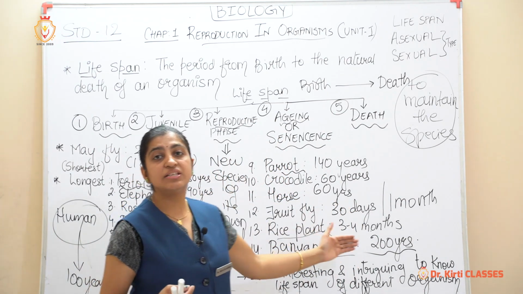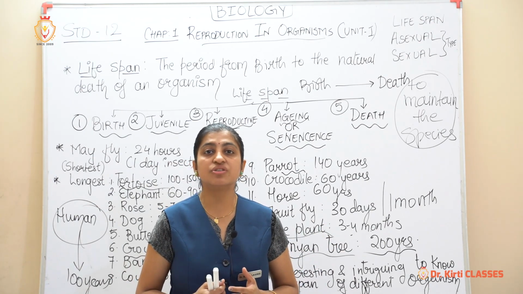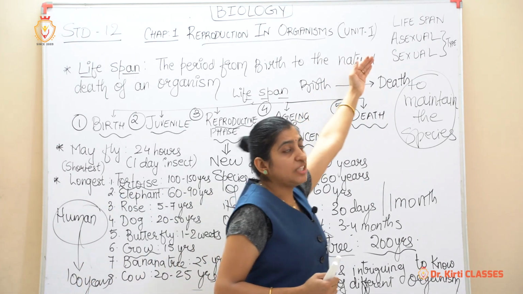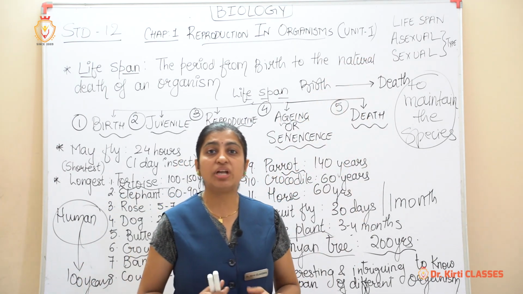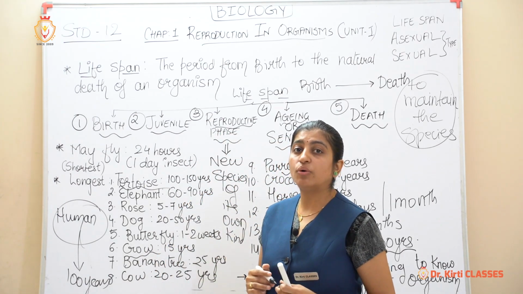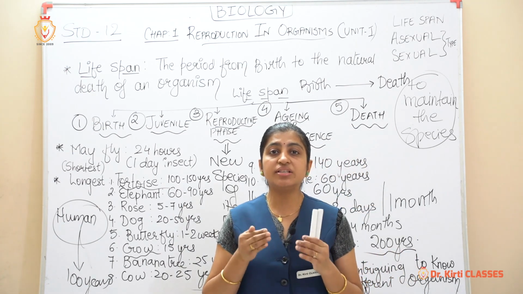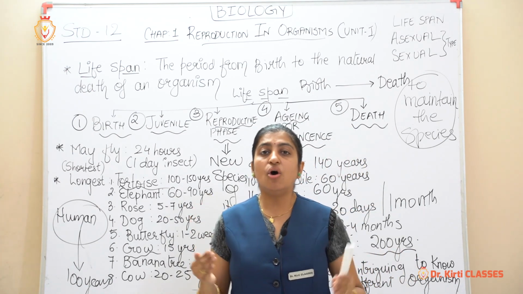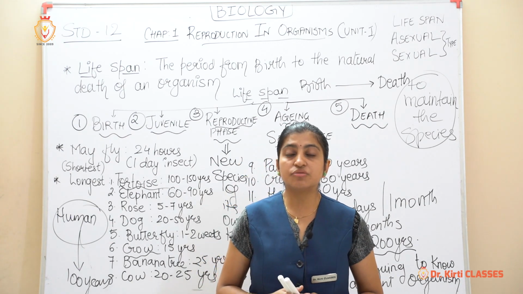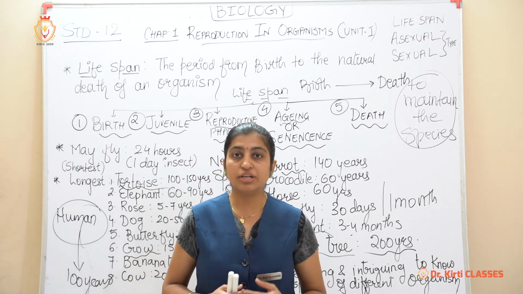Every living organism tends toward death to maintain the species on this earth. Only, when we see asexual reproduction, in a single-celled organism, I will explain it, except for that, all living organisms have to die once. So this is the introduction of this chapter, reproduction in living organisms.